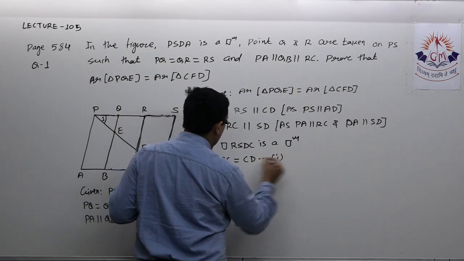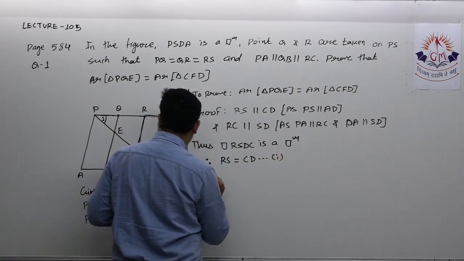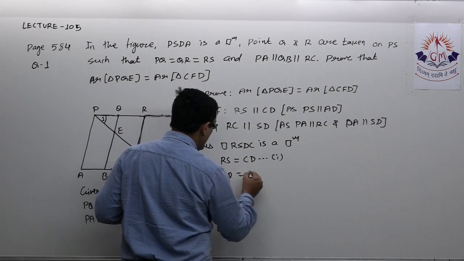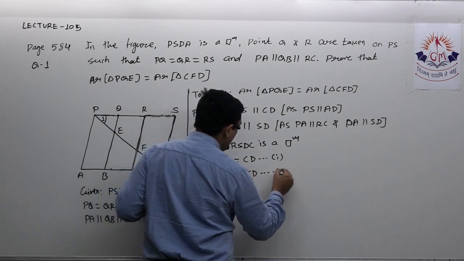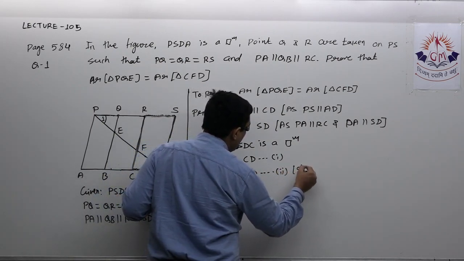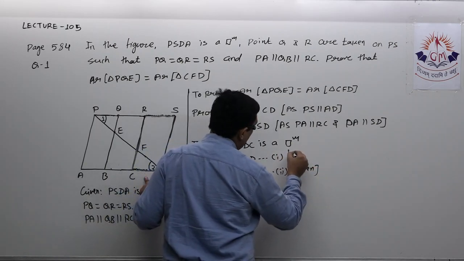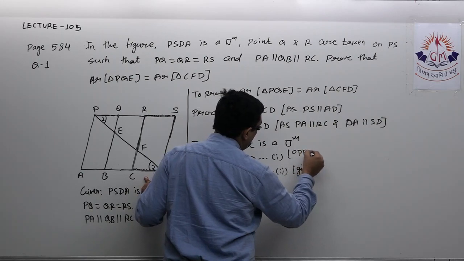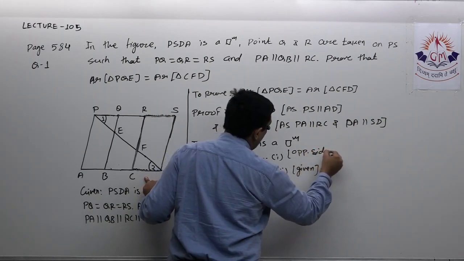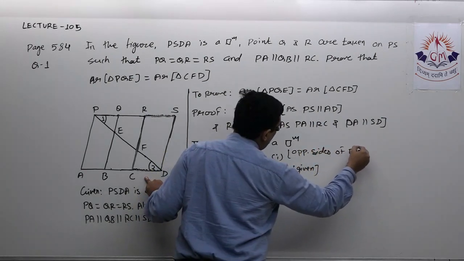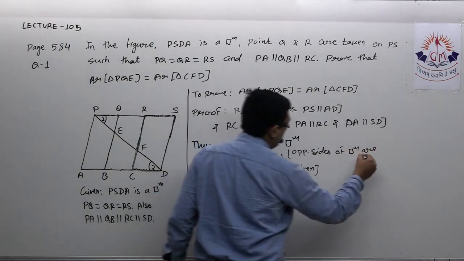Let it be equation 1. But we have PQ is equal to CD. Second, why PQ equal to CD? It is given. And why this? Opposite sides of parallelogram are equal.